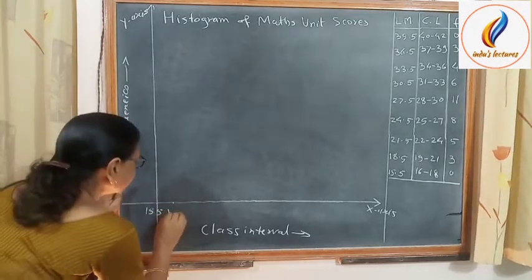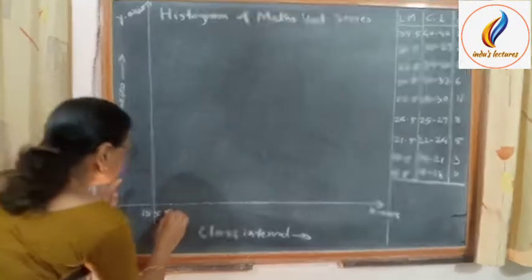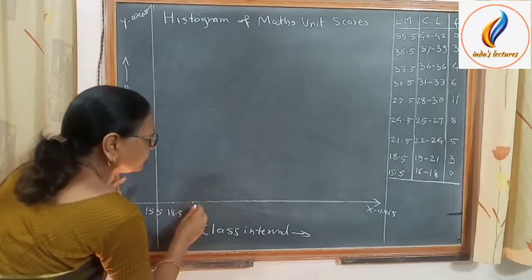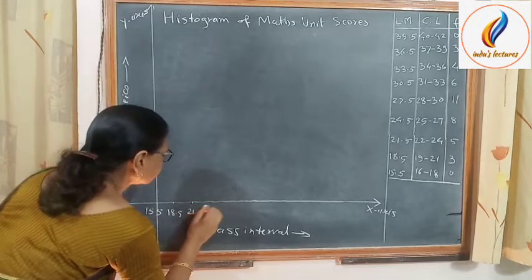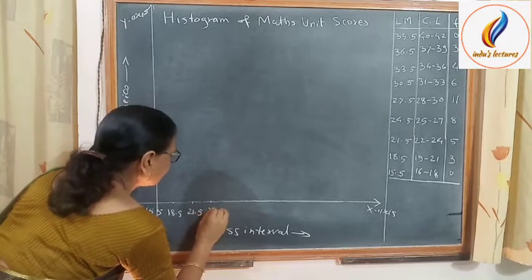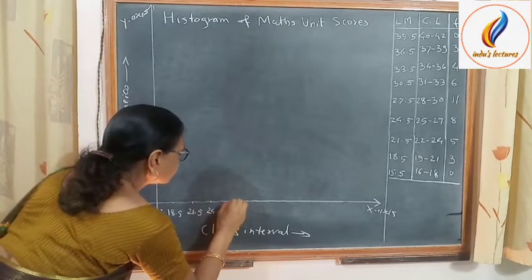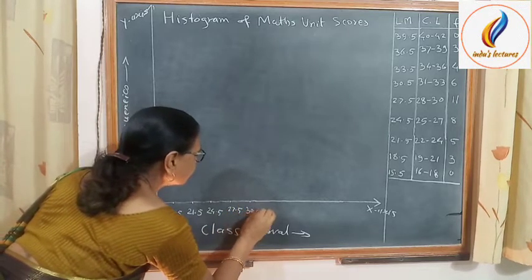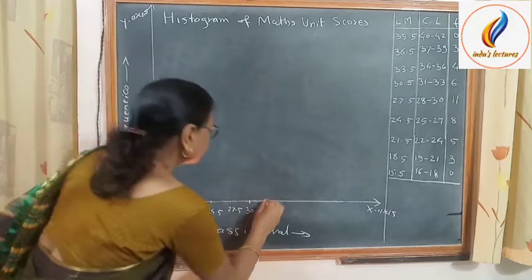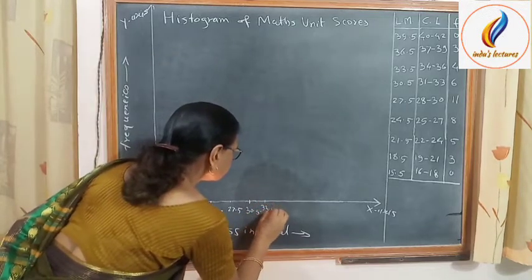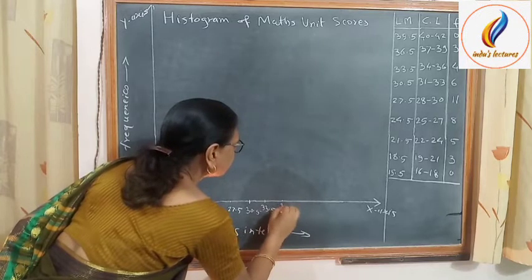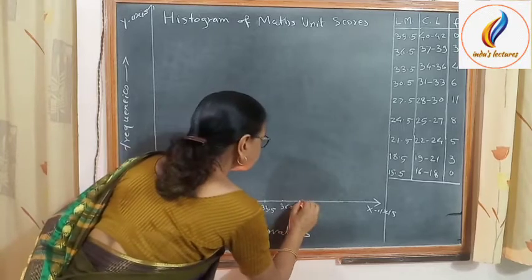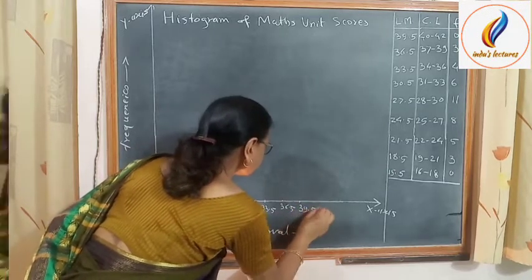Then right here the lower limit of the next class interval, that means 18.5, then 21.5, next is 24.5, next is 27.5, then 30.5, then 33.5, then 36.5, and last is 39.5.